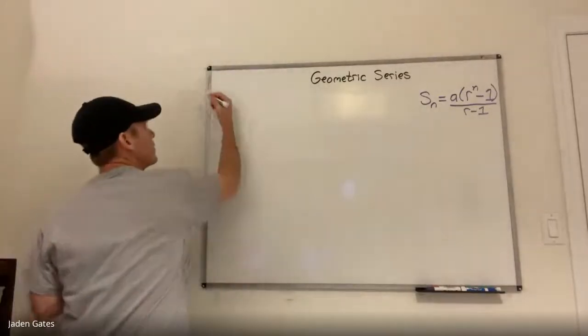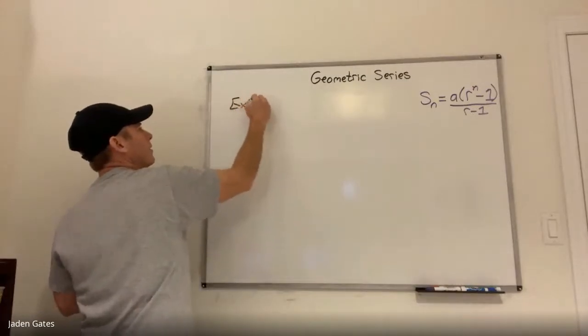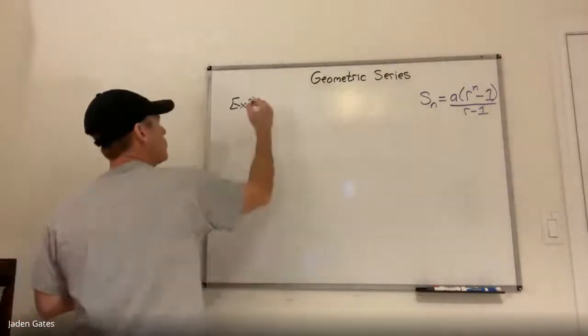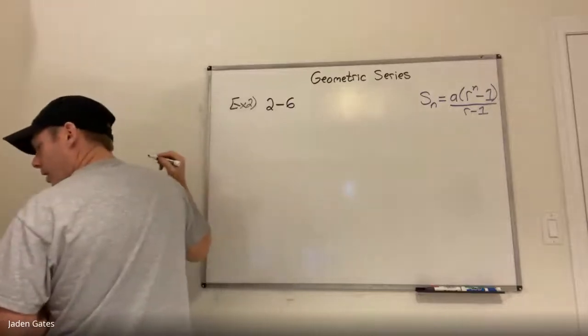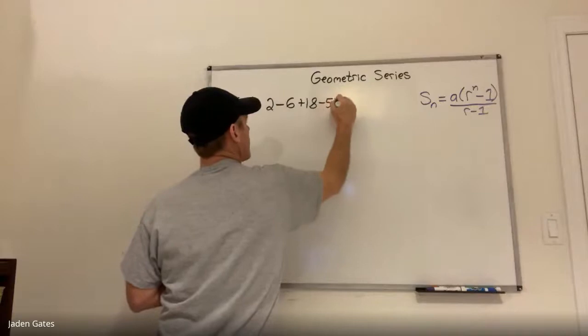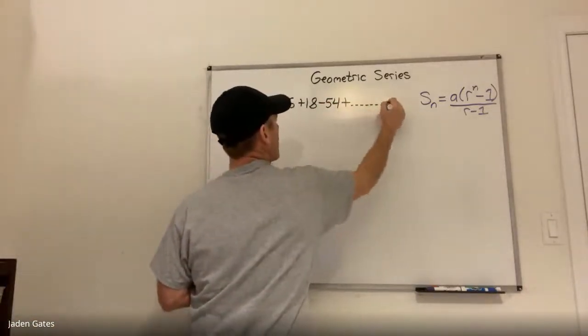So we have a different geometric series here. I'm going to need a new pen here because it's terrible. So I have 2 minus 6 plus 18 minus 54 plus, and it just keeps going on and on.